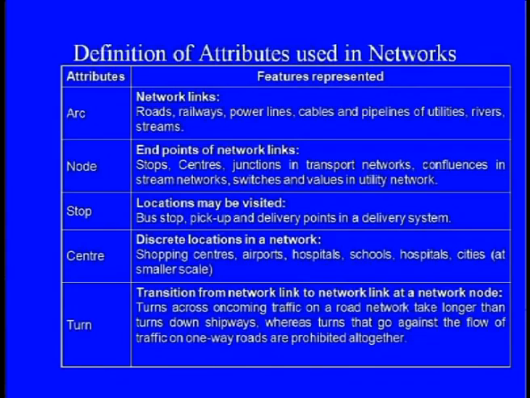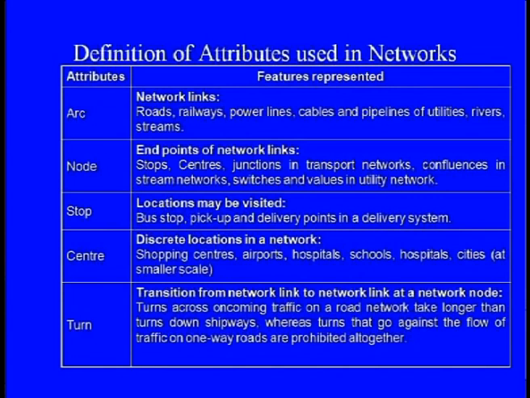Node is the end point of network links. It may represent features such as junctions in transport networks, confluences in stream networks, and switches and valves in utility networks.